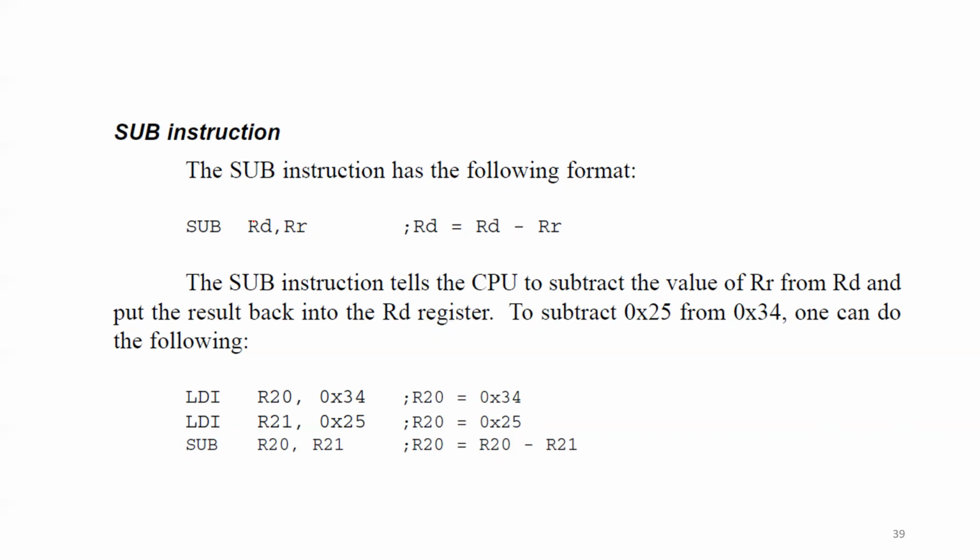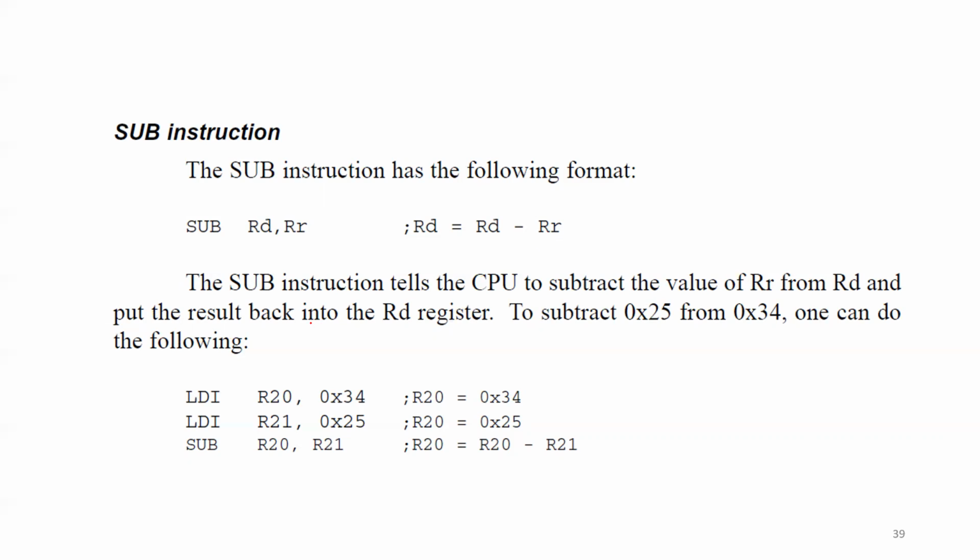If you subtract the value, the source registers are RD and RR, and the result of the subtraction would be stored in RD. So the RD register, after executing this instruction, would have the RD initial value minus RR.